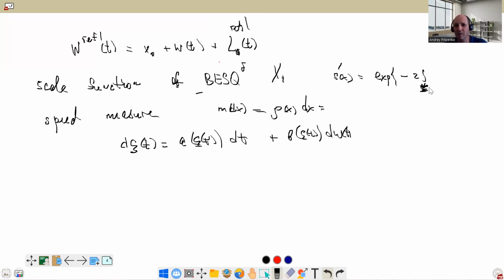This lower limit is arbitrary, 0 or 1 or 2 or just some point. I will write here a star. From any point to x, of a of z over b squared of z dz.